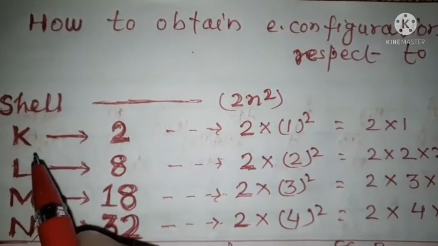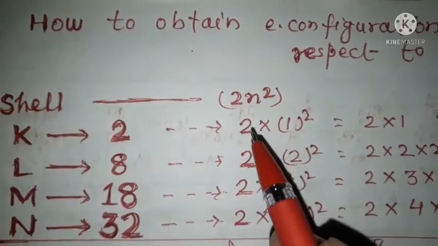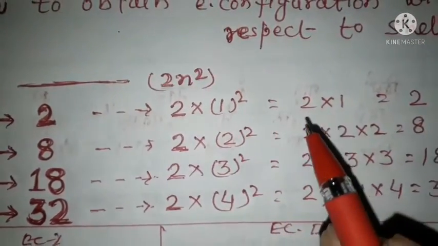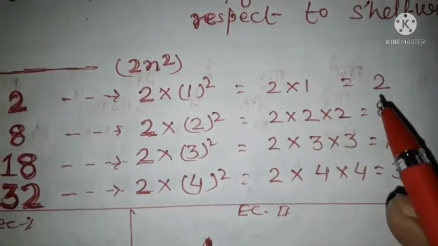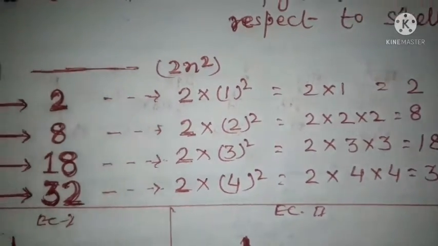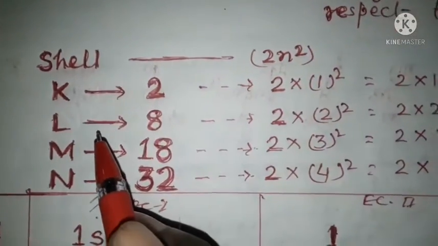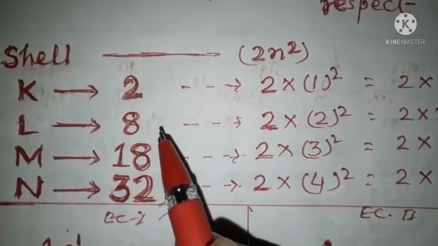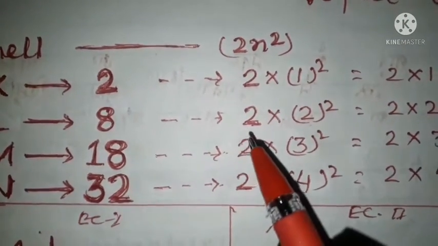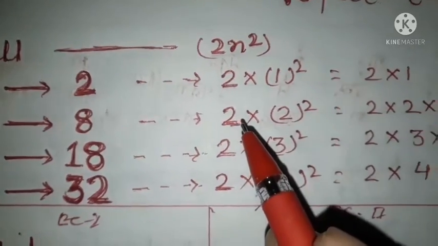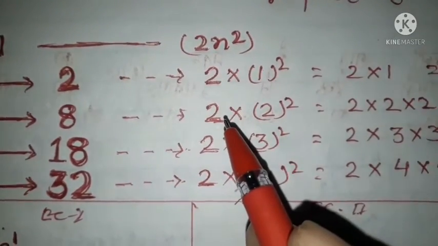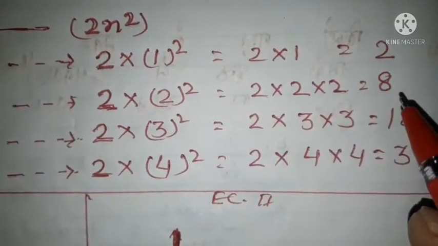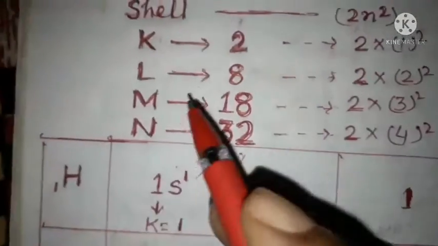Then we know that K is 1 shell, then 2 into 1 square is equal to 2 into 1, that means 2 electrons. Like this, L shell, in which 8 electrons are included, is derived with the help of 2n square. Now we get 8 electrons in L shell.